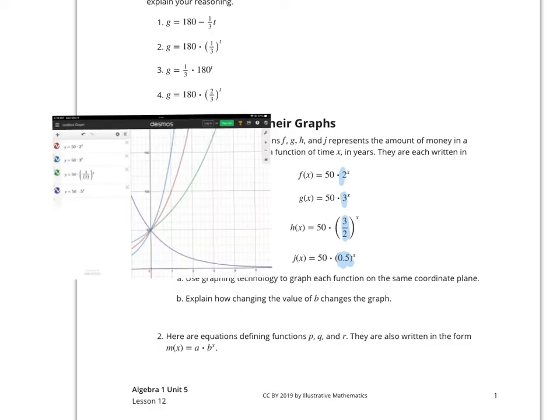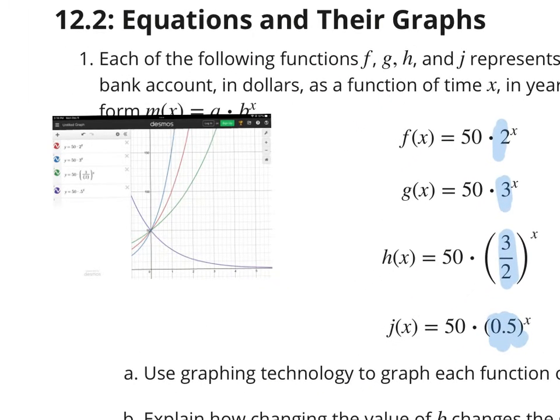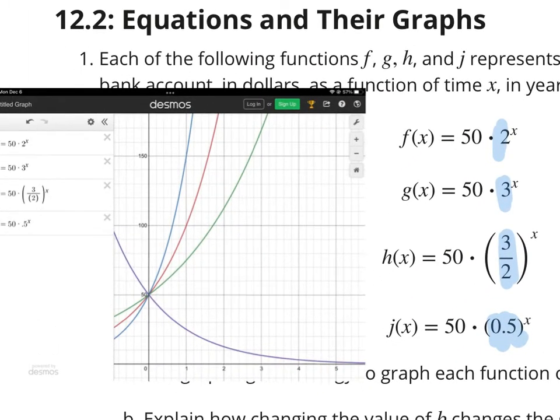Alright, so I took a picture of the four different graphs in Desmos. So if we look at the four different graphs, we have g in blue, f in red, h in green, and then j in purple.